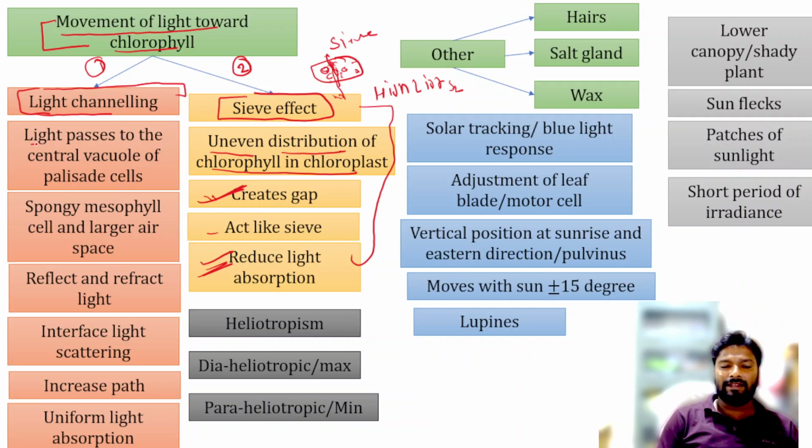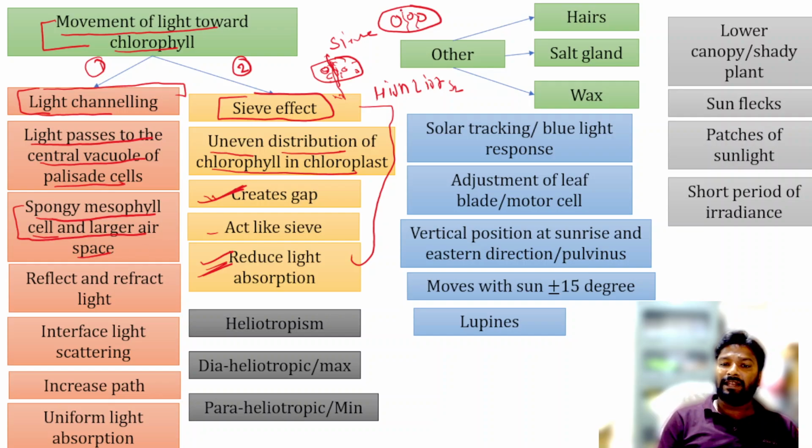Second is the light channeling. When the light passes to the central vacuoles of the palisade cells, already discussed in the last slides, and the spongy mesophyll cells, there are larger air spaces present.